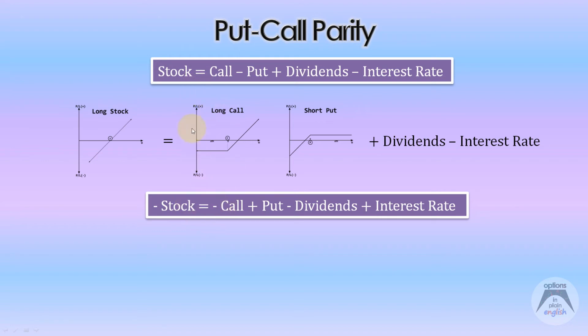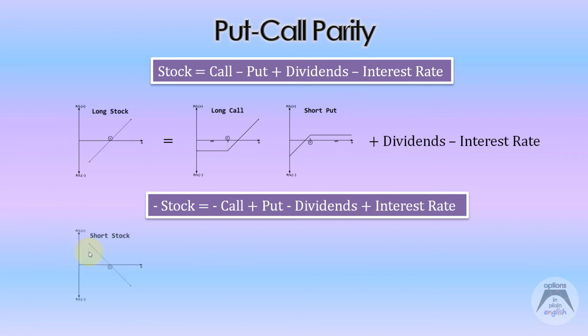So in this case, for example, we know the stock is call minus put plus dividends minus interest rate. If I multiply everything by -1, then I'm going to have short stock is going to be short call, long put, and then I'm going to have to adjust by the minus dividends and plus interest rate.